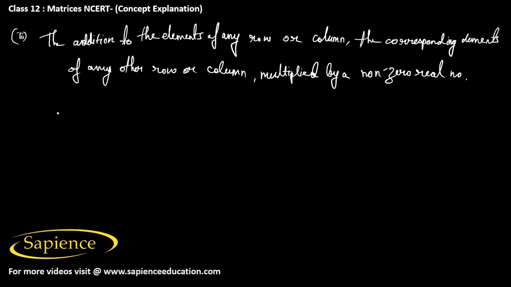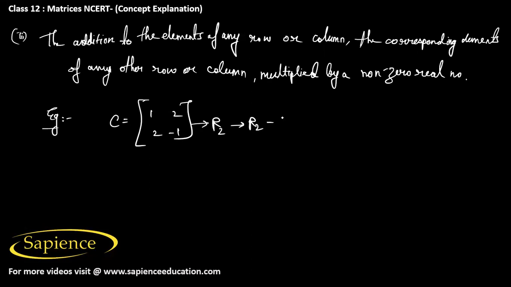We can understand this by one example. Suppose we have the matrix C, which is 1, 2; 2, minus 1. On this matrix C, we want to apply the elementary row operation R2 goes to R2 minus 2R1. It means the elements of the first row are multiplied by minus 2 and then added to the elements of the second row.